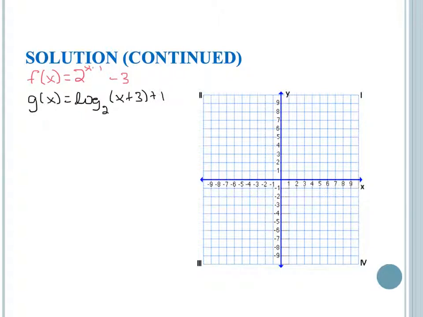Alright, now for my exponential, I originally had an ordered pair on the y-intercept that I am going to shift to the right 1 and down 3, so it's going to be somewhere around here, my horizontal asymptote down here, and I'm going to have a graph that does something like this.